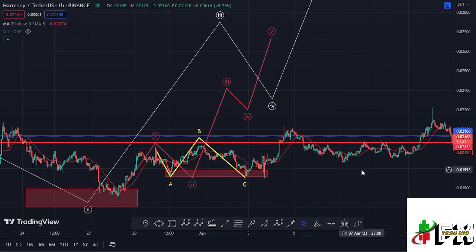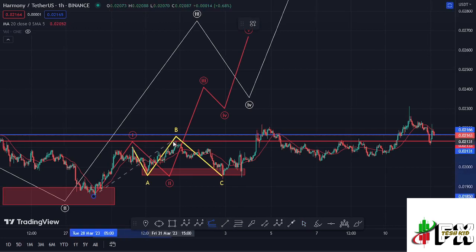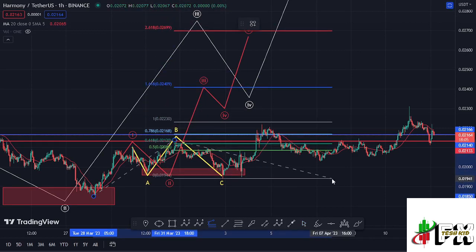And by first giving you my target area in the formation of that wave 3, which is giving me the short-term scenarios, by connecting the trend-based Fibonacci from the low of the first wave to the high of that wave 1, then dragging the fibs to the low of the second wave, that now gives me a target area in the formation of that wave 3 at the fib level 1.618, and that is at around the $0.02409 mark, and that is the minimum that I'm expecting Harmony 1 to do here on the short-term scenarios.